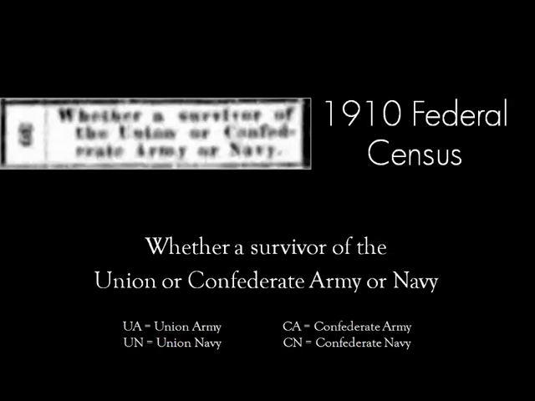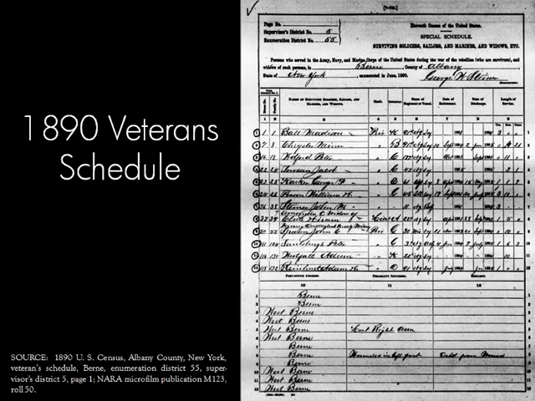In 1910, of course, people who were 18 in 1865 would have only been 63. So you definitely see a lot more Civil War veterans who had survived through 1910.